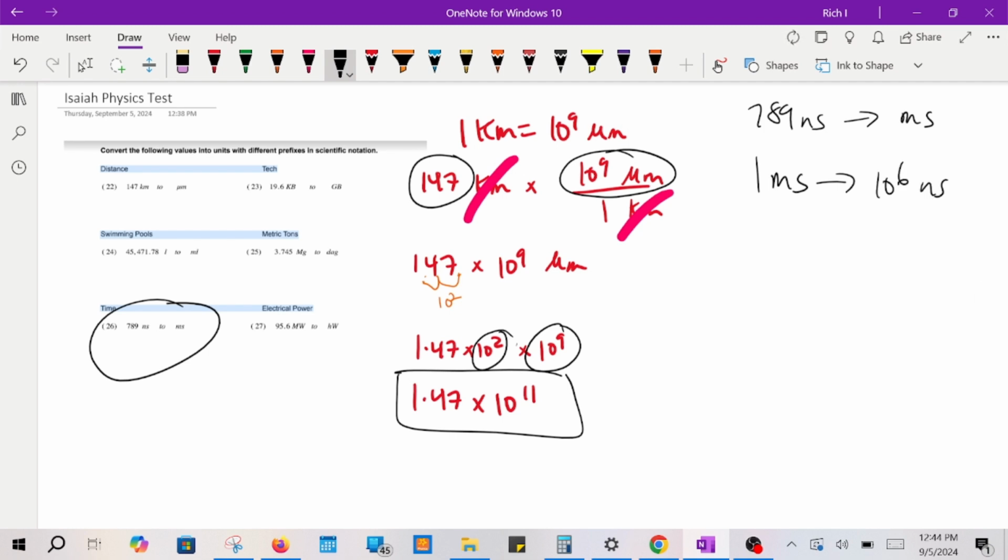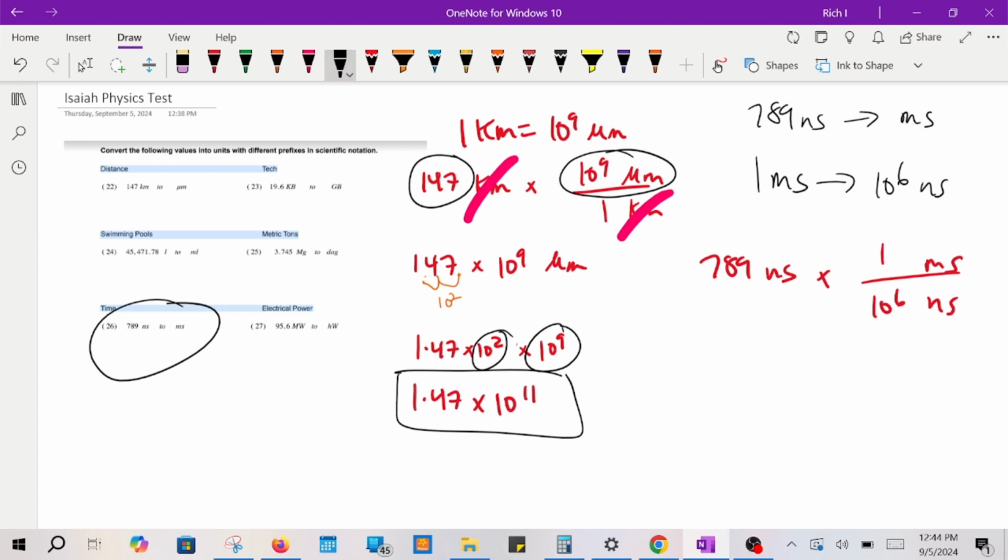So we have 789 nanoseconds, and we're trying to cancel nanoseconds, so we put that on the bottom, and we're converting to milliseconds. We have 10 to the 6 nanoseconds on the bottom, and on top we have 1 millisecond.